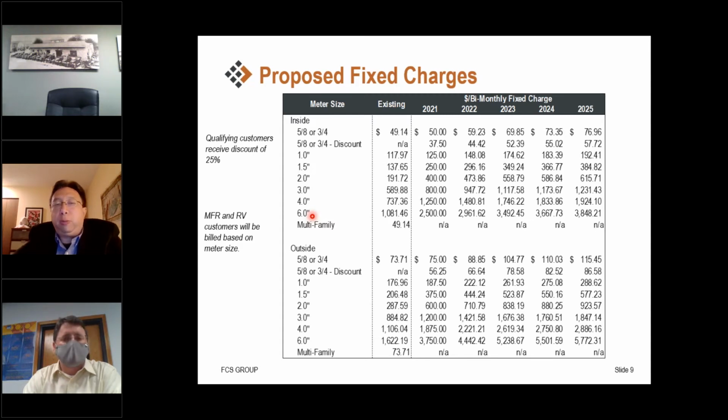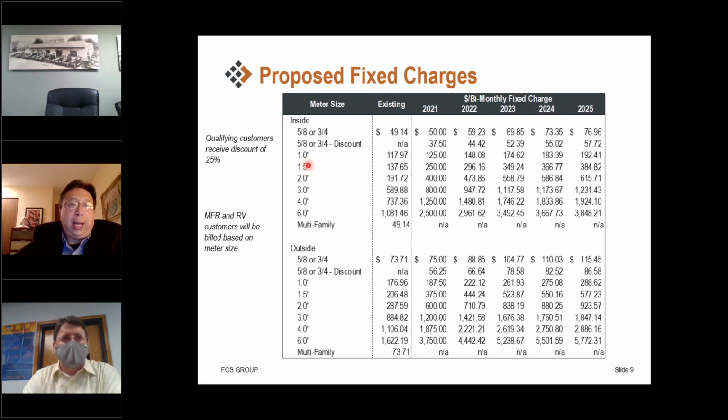In other words, when we look at a meter size and think about how much water can go through that meter, the American Water Works Association recommends that the ratio be proportionate. So the volume of water that can go through a 1.5 inch meter should be proportionate to the amount of water that can go through a 1 inch meter.